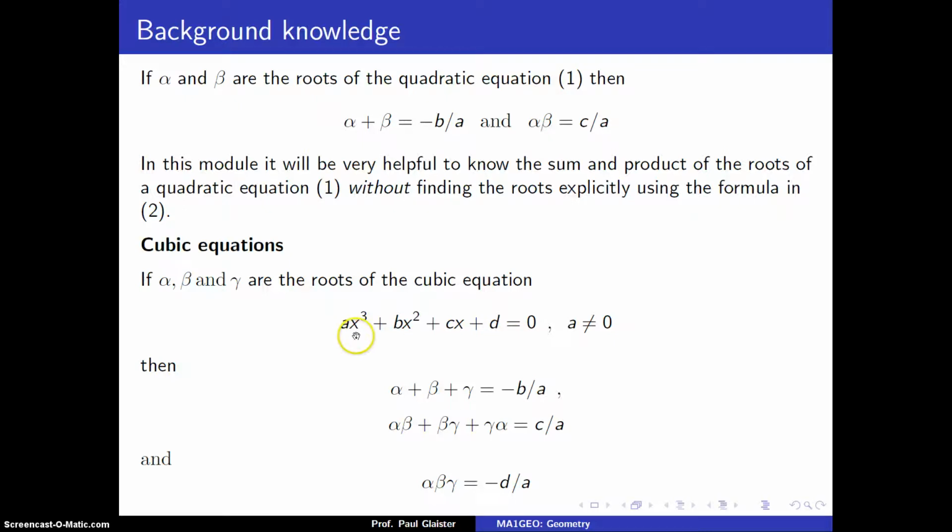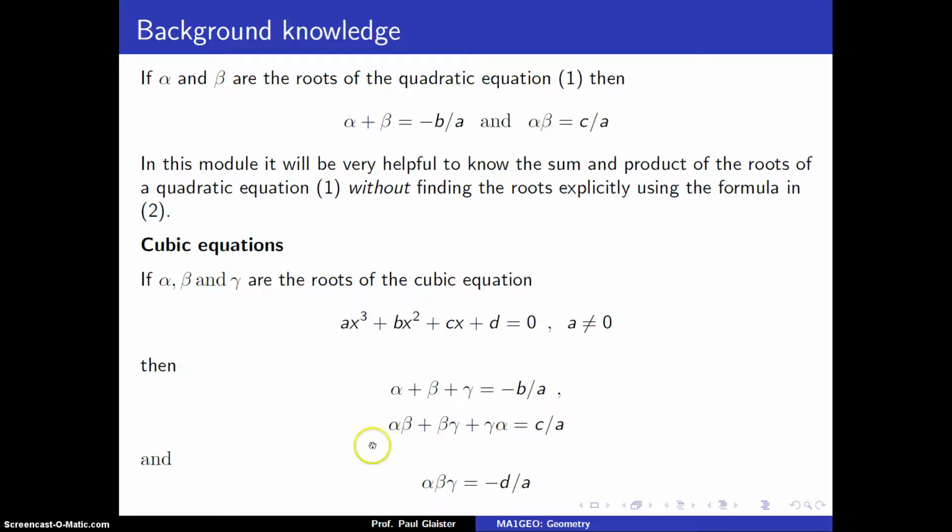In this case, if the roots of this cubic equation, for which there will always be 3, but they may not be real, they may coincide, so they may be repeated, are alpha, beta and gamma, then the sum of the roots, alpha plus beta plus gamma, is always minus b over a, the coefficient of x squared divided by the coefficient of x cubed. The product of the roots, alpha times beta times gamma, is minus d divided by a, so minus the constant term divided by the coefficient of x cubed.